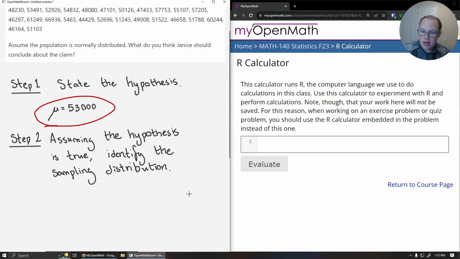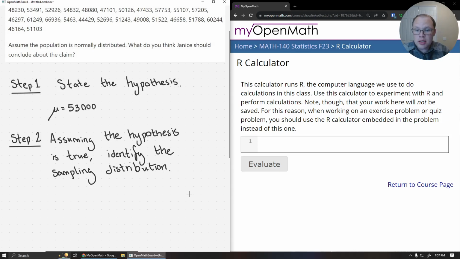That's going to tell us most about our population mean, right? Most of the time, the sample mean and the population mean should be close. That's what we expect. We want to know, based on how far our sample mean is from the population mean, how likely that is to happen. How likely is it that our sample mean is as far as it is away from our population mean? So we want to know about how sample means are distributed.